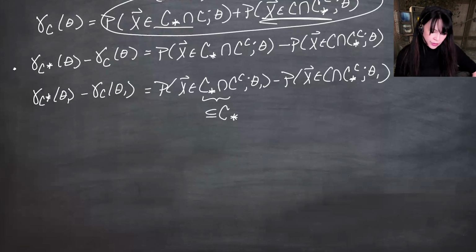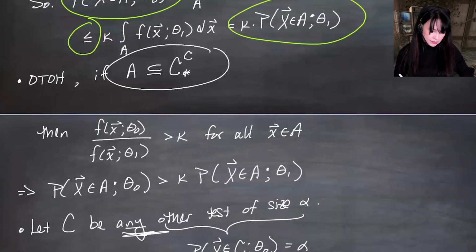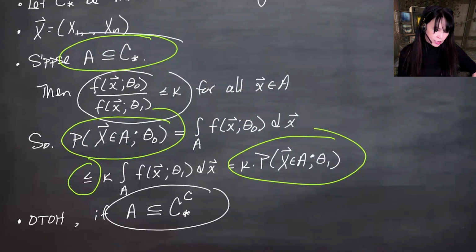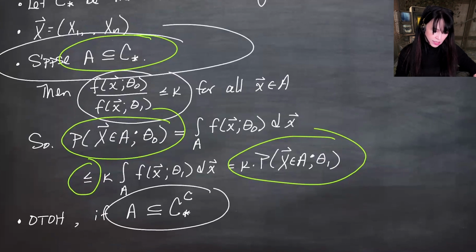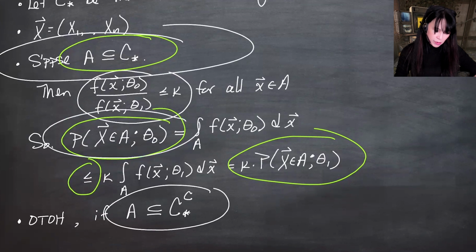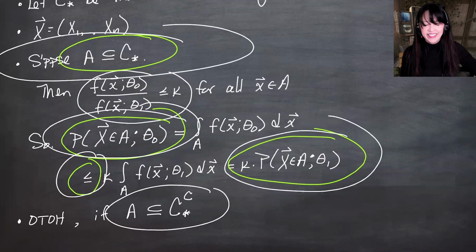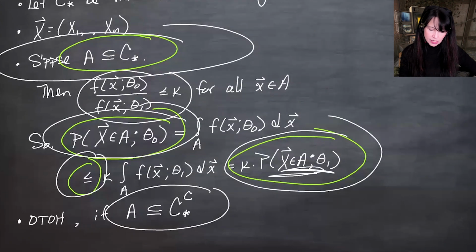And so let me back up to that. When A is contained in C star, I know that this probability is less than or equal to K times this other probability. Now, the probability I've written down with the final line on my slides actually is this one. And so I'm going to put that K to the other side.